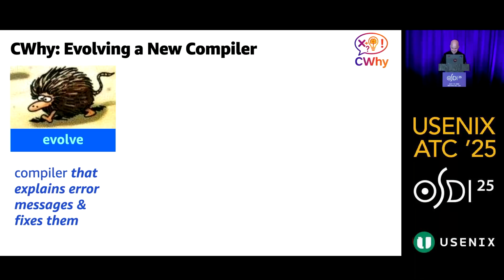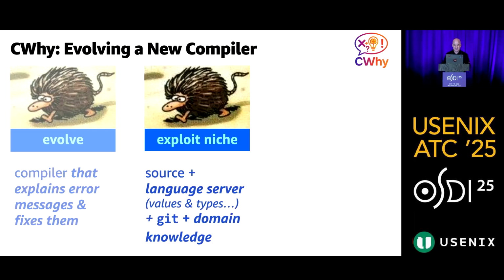So, CY, a compiler that explains the error messages and fixes them, again, exploits its niche. It has the source, of course, because it's the compiler, but it leverages a language server, which, by the way, language servers work well even for code that doesn't compile. So this is a huge win. And then its ability to exercise Git and drive the process of discovery of all the code.